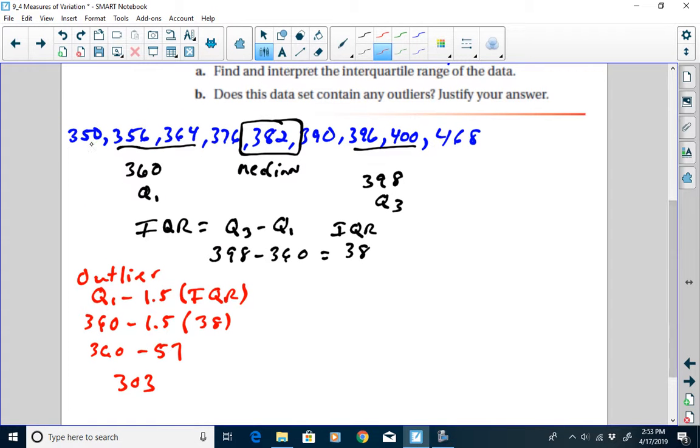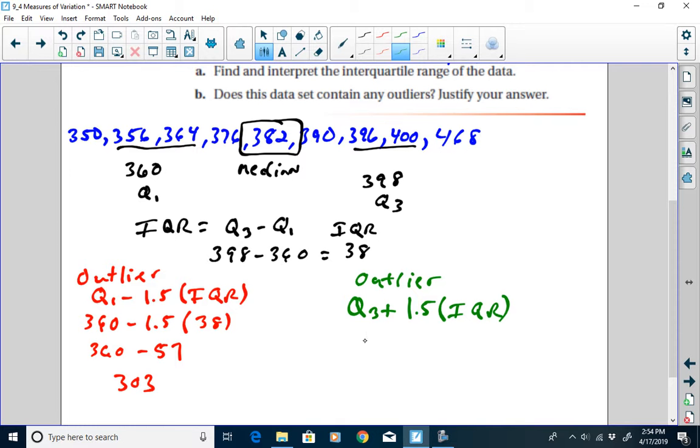When we look at our data, I don't have any values that are less than 303. So there's no lower outlier. Well, let's try the upper boundary for an outlier. That's going to be our Q3 plus 1.5 times your IQR, your interquartile range.